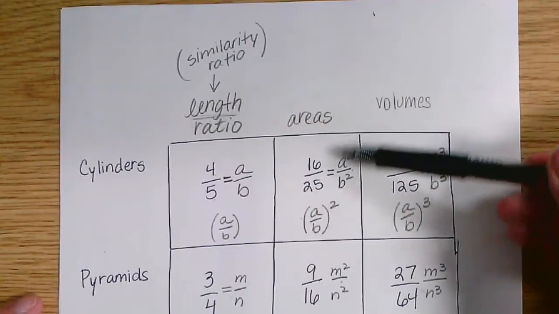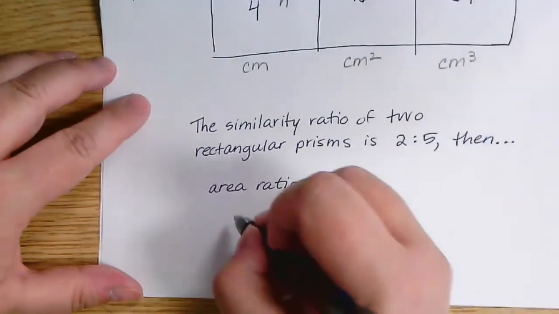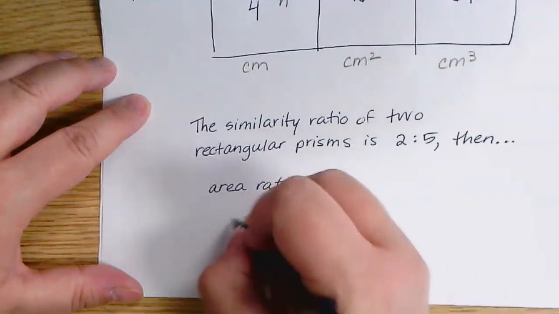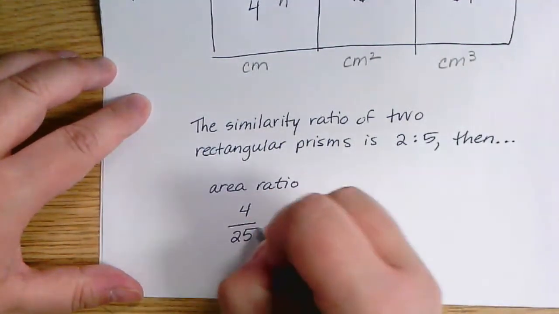For the area ratios, we square the similarity ratio. The way to square a fraction is just square the top, so the 2 squared, over square the bottom, 5 squared.